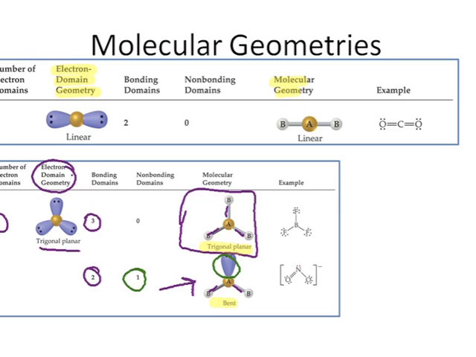Boron trifluoride with its 3 bonded domains, and then down here we've got NO2 with its 2 bonded domains and its 1 non-bonded domain. Okay?